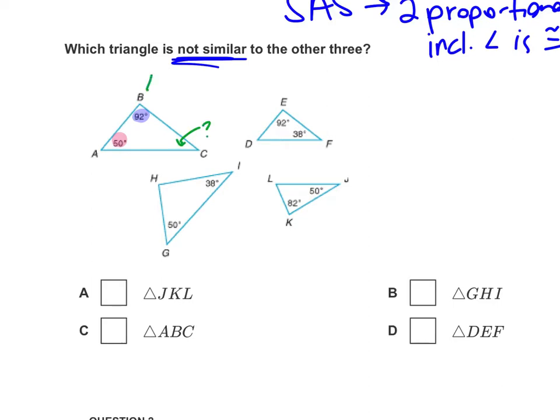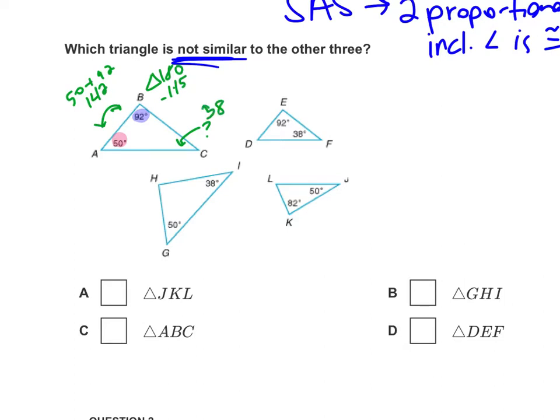Okay, I know that a triangle is equal to 180 degrees. And then if I add these two angles together, I get 50 plus 92, which is 142 total degrees. When you subtract 142 from 180, we're going to have a remaining angle measurement of 38 degrees.